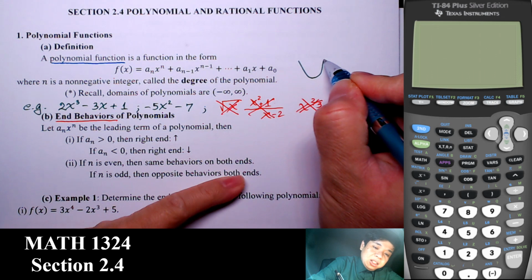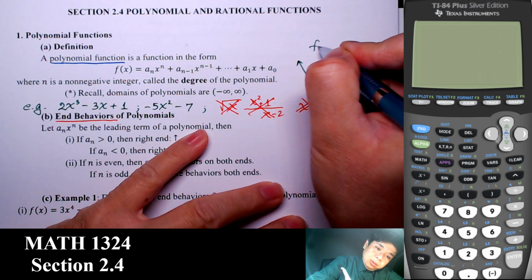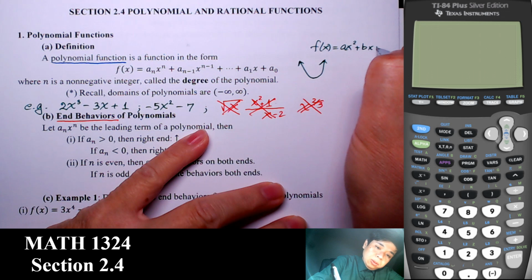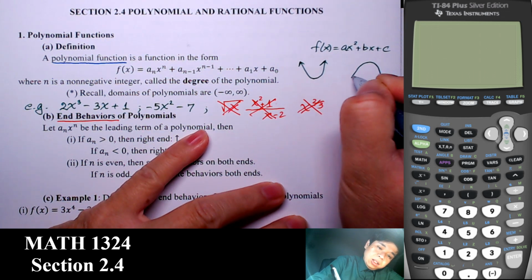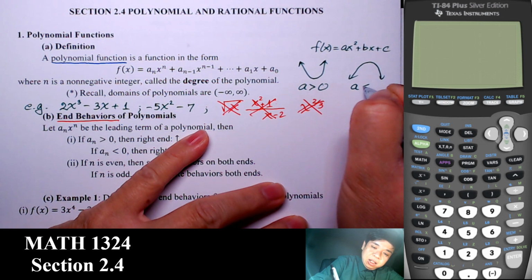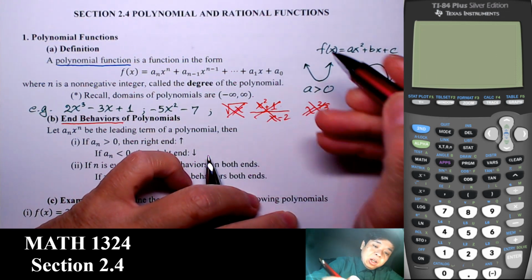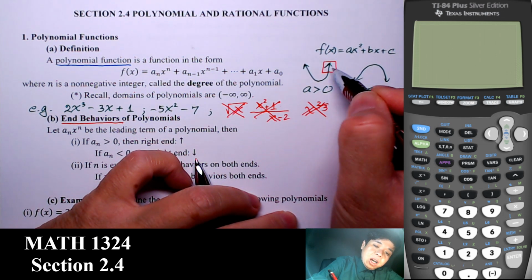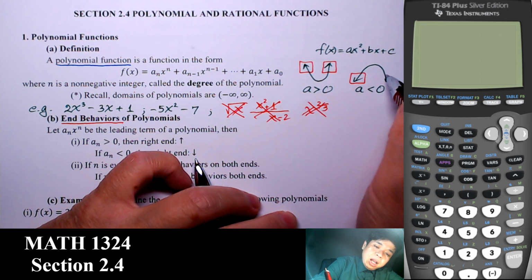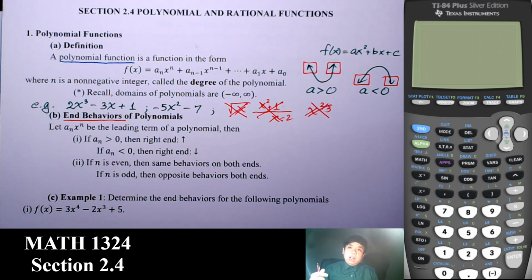We might have it like this, where a is positive, and like this where a is negative. So we focus on the behavior at the ends. On the right side it's going up and the left side going up, or the left side going down and the right side going down. So we focus on whether the graph goes up or down at the ends.